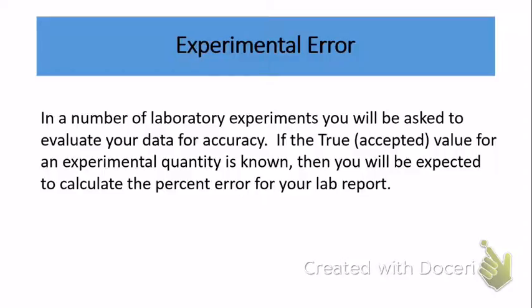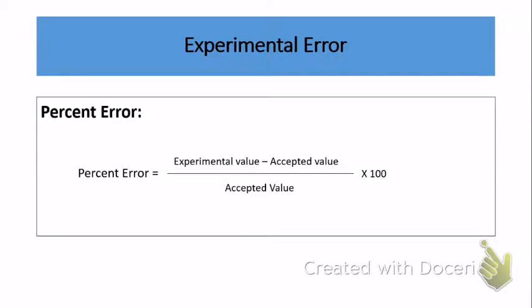Well, to do this, we are going to use what is known as percent error. And you're going to learn to calculate percent error and practice this throughout the year as you do labs. The bottom line is, this is the equation that you're going to use for determining the accuracy or the systematic error. So I want you to have this memorized and learn this equation really well.